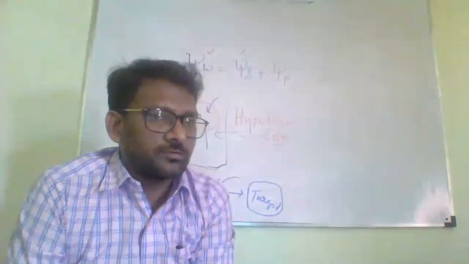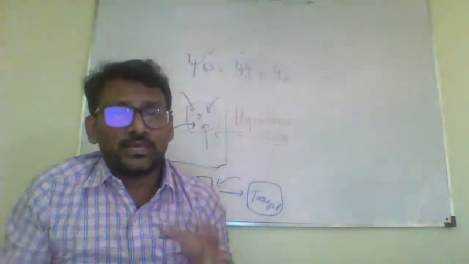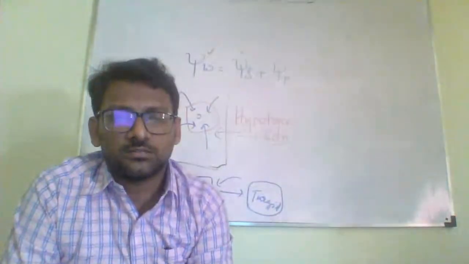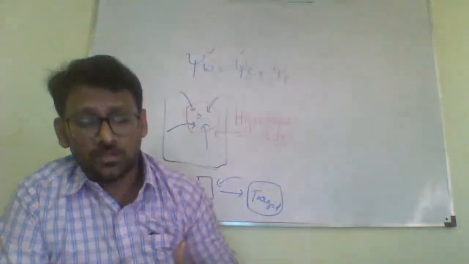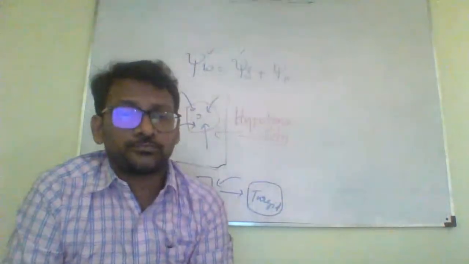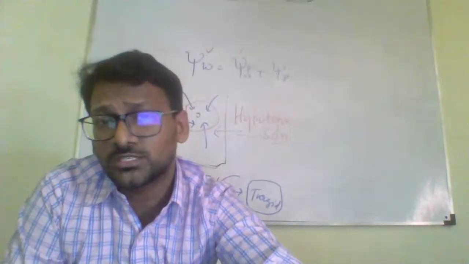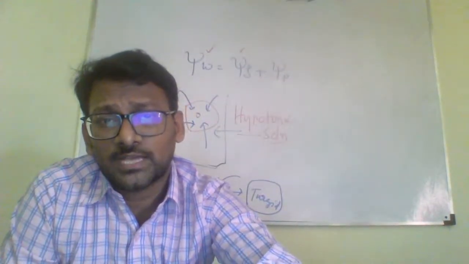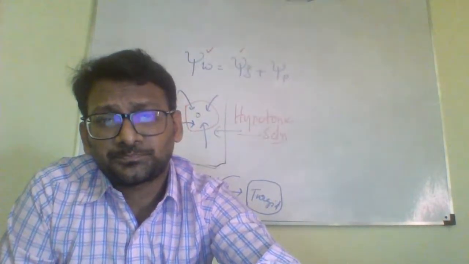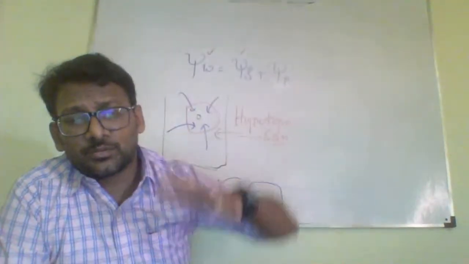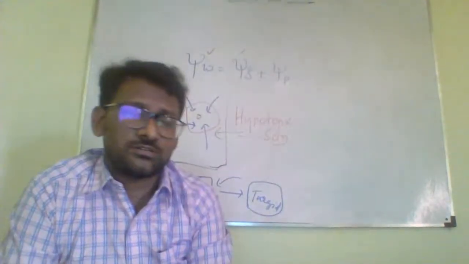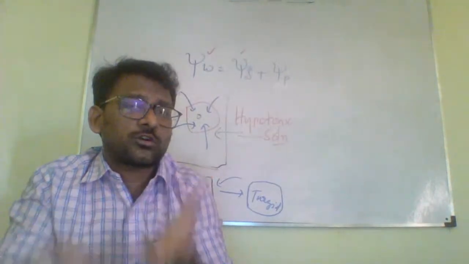Even the pressure potential, by applying certain pressure, even it increases the water potential. So that is one of the important aspects. So why this pressure potential is positive is that by applying certain pressure, it increases the water potential.